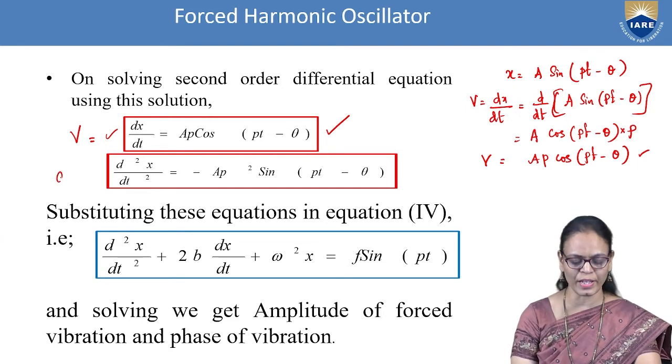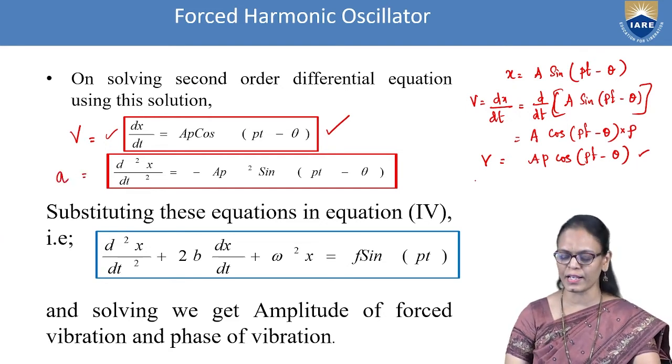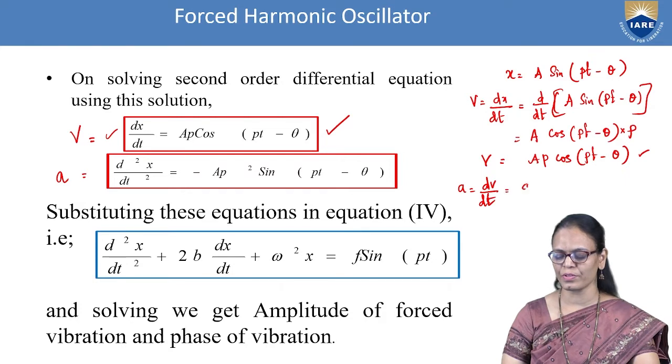We also can find the acceleration. What is acceleration? a is equal to dv by dt. So we are going to do d by dt of v. What is v? ap cos pt minus theta. This is v.